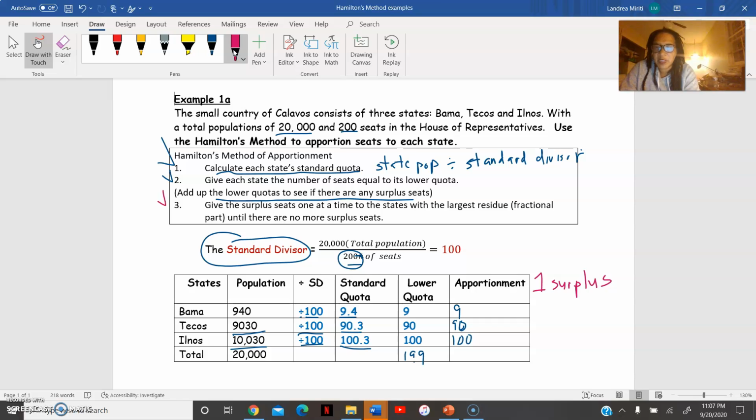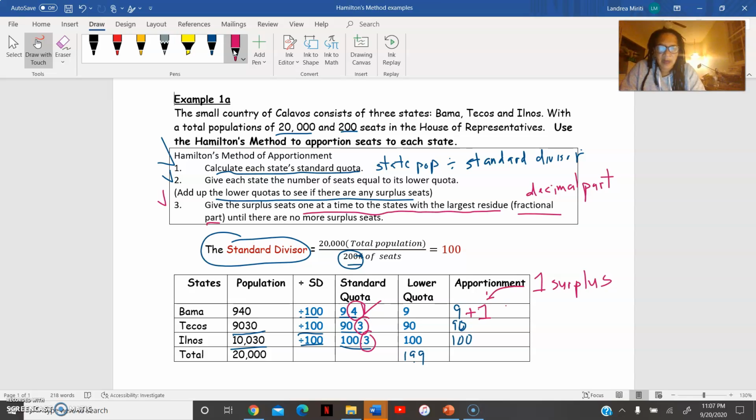And to determine which state gets the surplus seat, we're going to give one at a time. We only have one to give, to the state with the largest residue or fractional part, or what we mean by fractional part is decimal part. So let's look at the decimal parts in each of the standard quotas, and we'll see 0.4, 0.3, 0.3. 0.4 is certainly the biggest, so that's the state, Bama, that's going to get the extra surplus.